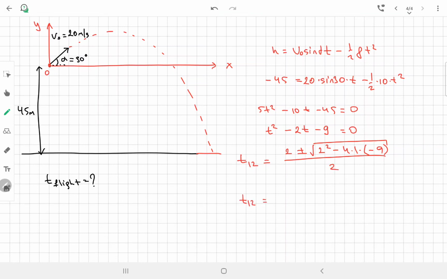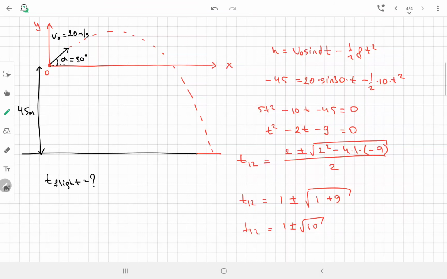We can divide the upper part and the lower part by 2, so we will have 1 plus minus, here we will have 1 plus 9, 1 plus minus square root 10.